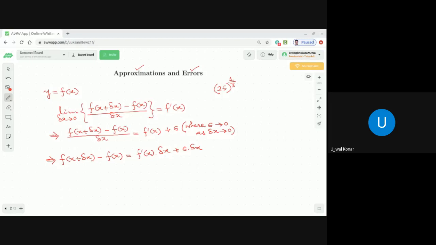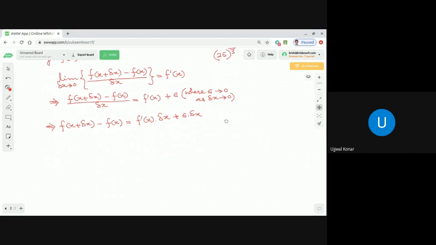Now, let's look into the quantity epsilon into delta x. We see that epsilon is a very small quantity and delta x is also a very small quantity. So let me write delta properly so that you can understand clearly.